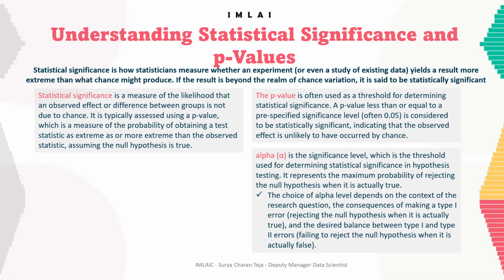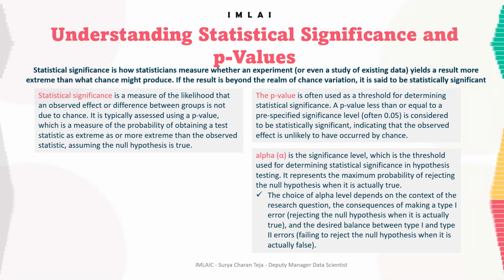It represents the maximum probability of rejecting the null hypothesis when it is actually true. The alpha level is typically set before conducting the test, and it is usually set at 0.05 or 0.01. Either one will do.